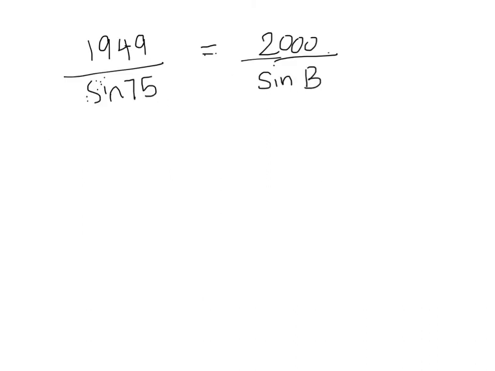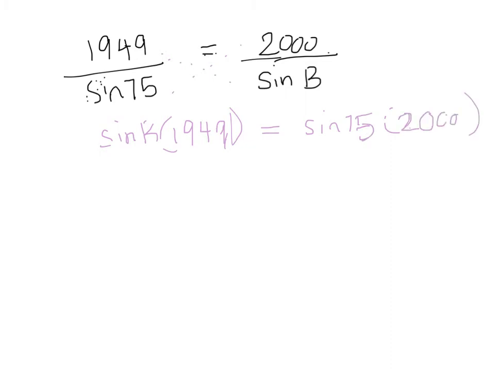Okay. Okay, so cross multiply: sine B times 1949 is equal to sine 75 times 2,000. And I apologize, there's something wrong with my iPad today. So we're going to divide by 1,949 both sides.